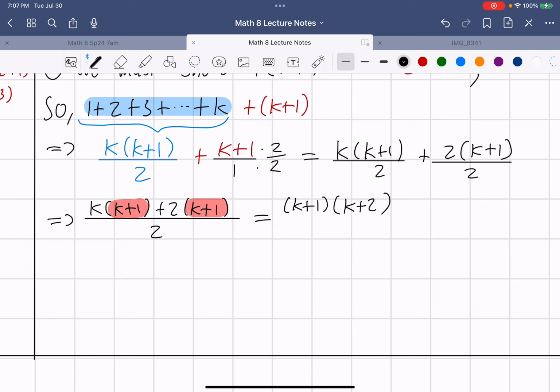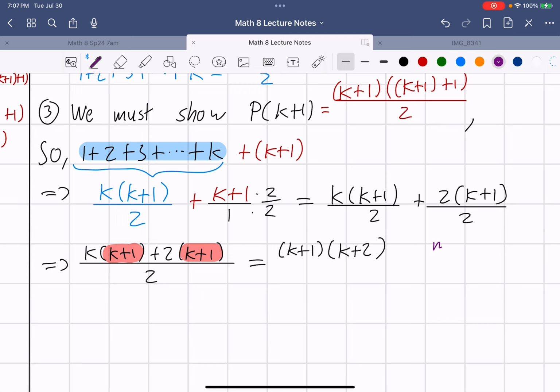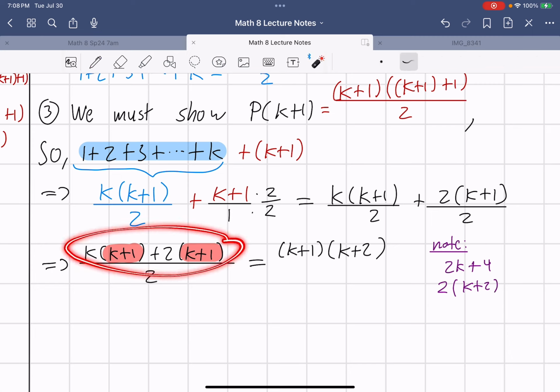I guess I can make a quick note. The idea is, imagine we had 2k plus 4. These are two terms that have a factor in common. So I can factor out 2 and I'll be left with k plus 2. And that's essentially what I'm doing in this step.